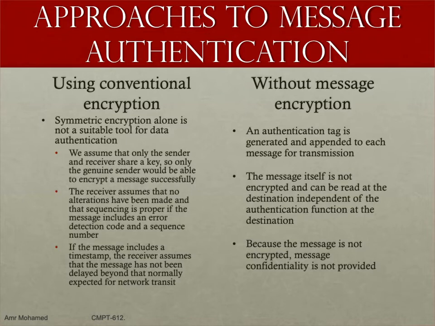So if I can make sure that this key is somewhat embedded in any communication you send to me, then I can say that this is actually coming from you and not anyone else, because I know that no one else has this key. Okay? So in a way, conventional cryptographic algorithms can be used for authentication as well. But we will see how we can do that.